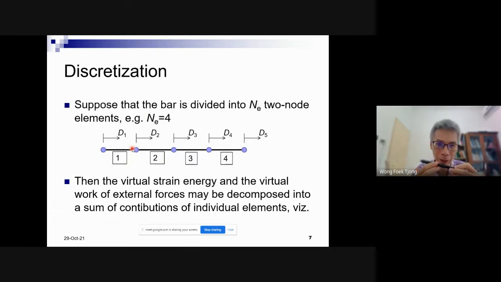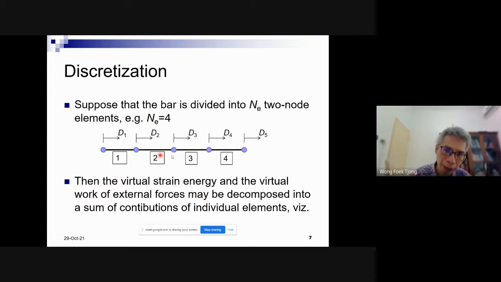It's possible to formulate, but in this course, I'm going to talk just about the simplest one. Okay. Well, we know that our principle of virtual displacement equation consists of 2 parts, the virtual strain energy and the virtual work of external forces.